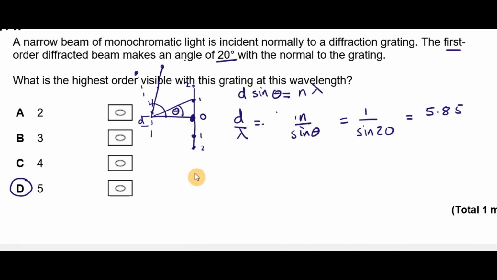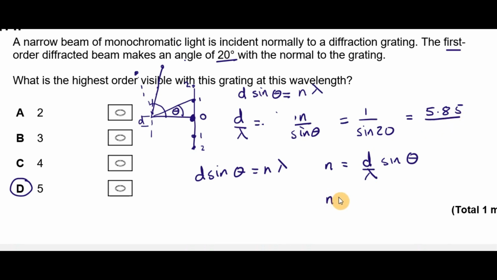So let's write the equation out again. d sine theta equals n lambda. And remember, what we want to do is find the nth order when theta is at 90 degrees. So if I make n the subject of this equation, n is equal to d over lambda times sine theta. Now d over lambda doesn't change during this question, and we established over here that d over lambda is 5.85.